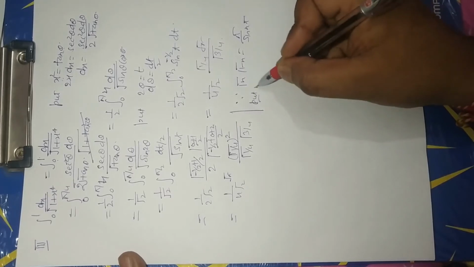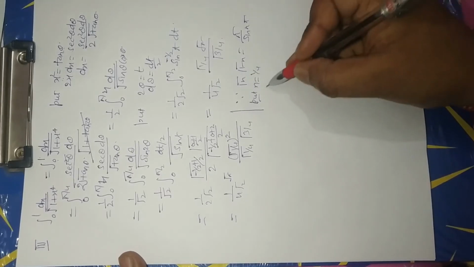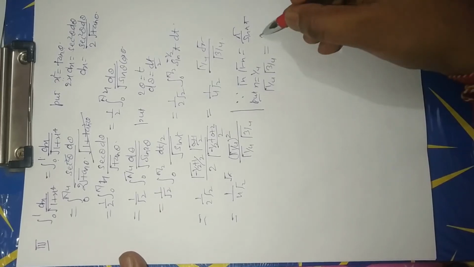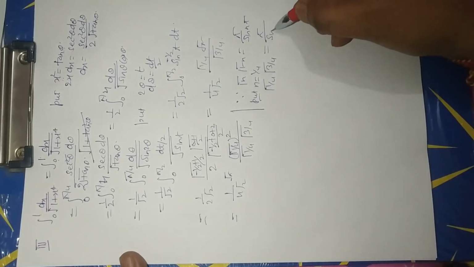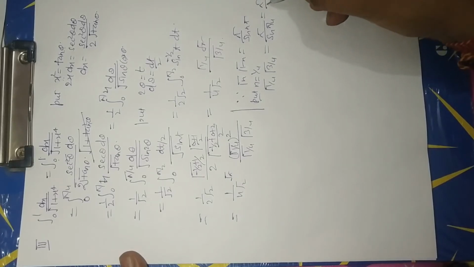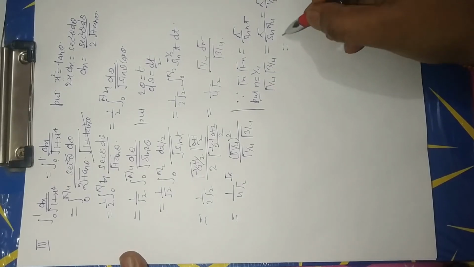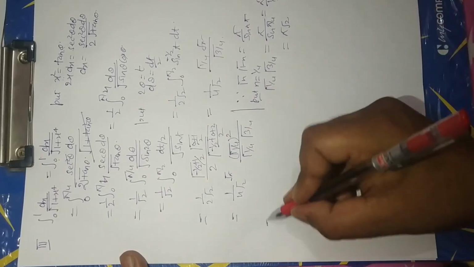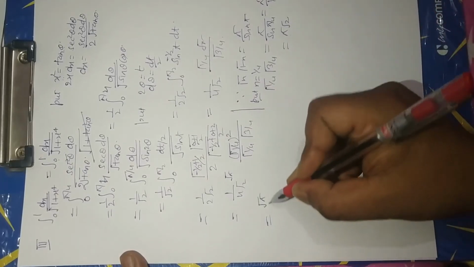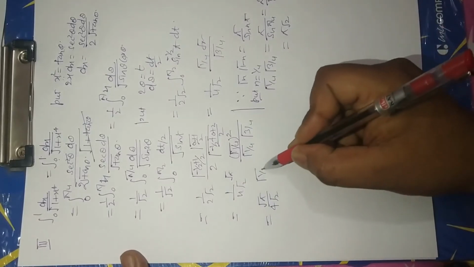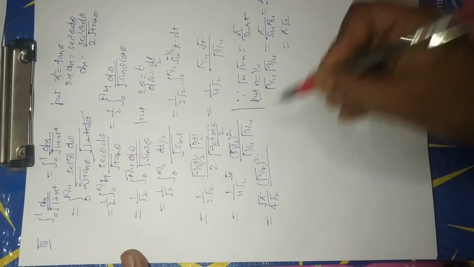Put n equal to 1 by 4: gamma 1 by 4 times gamma 3 by 4 is equal to pi upon sin pi by 4, which is pi times under root 2. Putting this value, we get under root pi upon 4 under root 2, gamma 1 by 4 whole square.